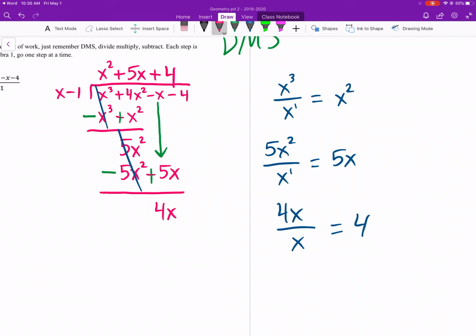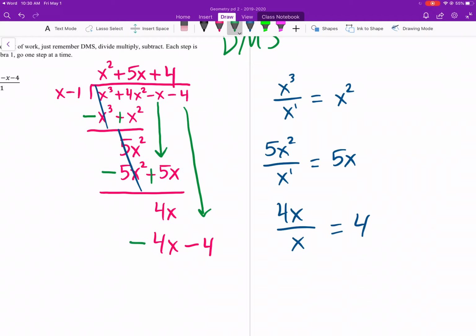Now take that 4 and multiply it by everything on the outside there. So 4 times x is 4x. Remember, this is where that 4 comes and gets multiplied by everything on the outside. So 4 times x is 4x, and 4 times negative 1 is negative 4. Don't forget to bring this minus 4 down. Now you're changing your signs.